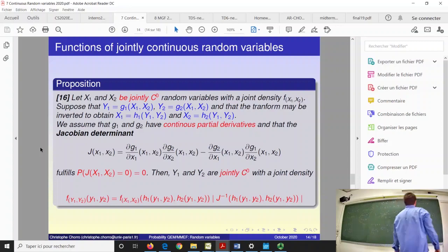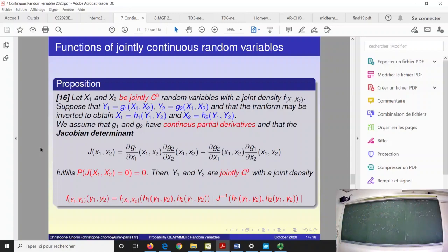My possible values are in both cases R plus star, R plus star. So you have the inverse this way. Keep in mind that I have proved that here my s takes values in R plus star and my z takes values in 0, 1. That's why I have this set of definition here.